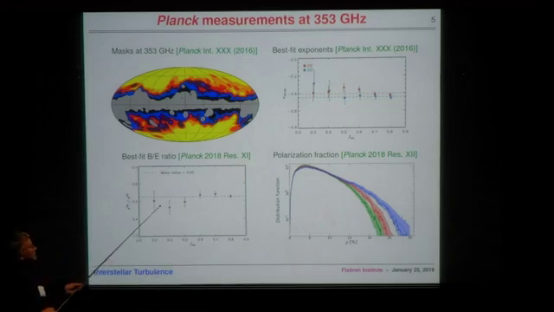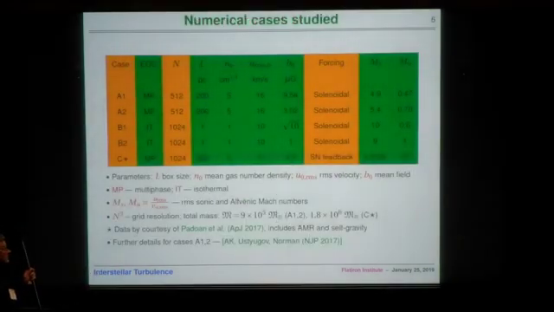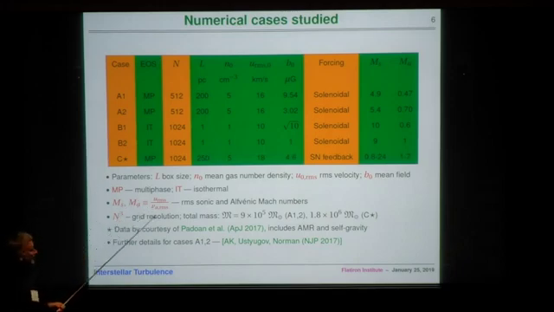So we will try to see whether these results can be recovered in a very simple model of the ISM turbulence. And then the other question we ask, so if we can recover that, why do we get these E to B ratios? Why the spectra? So why the model is working? So that is a question about physics.